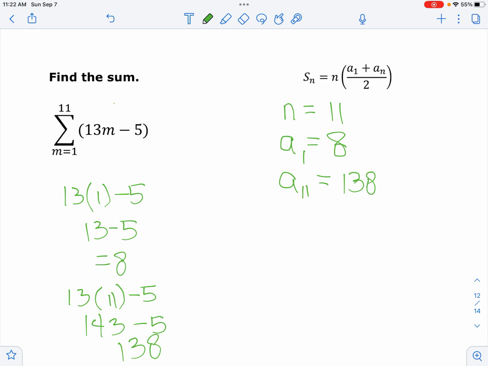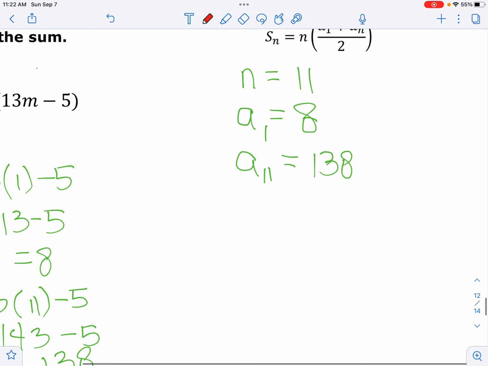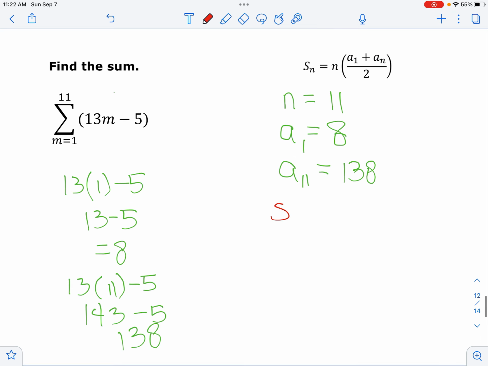Okay, now I'm going to use the formula here. So S sub 11 is equal to 11 times the quantity. Let's see, on the top we have the first term 8 plus 138 divided by 2. Figure out what we get. Okay. So 8 plus 138.